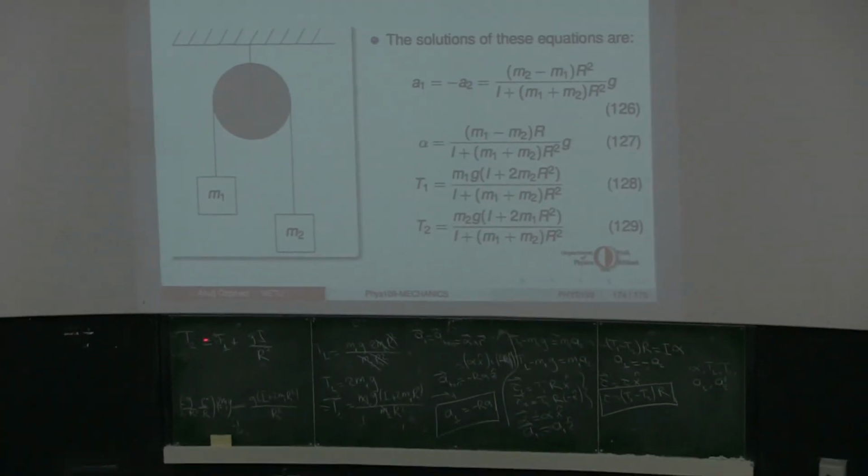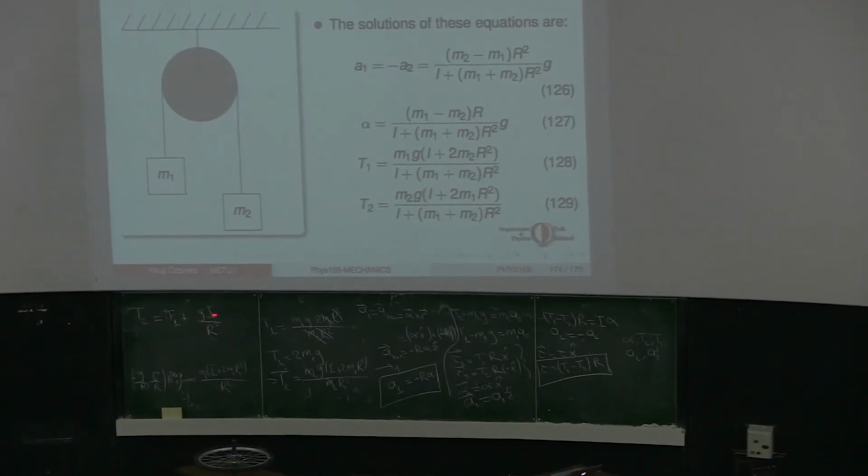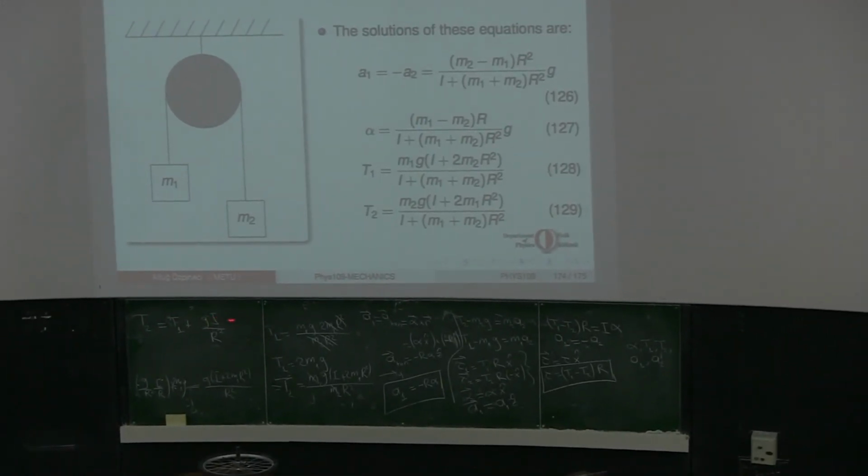So if T2 is given by this expression, then T1 minus T2 times R, let me write it down, T1 minus T2 times R. This is the net torque created by the tensions.